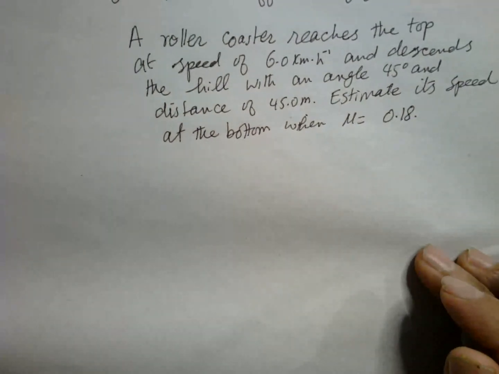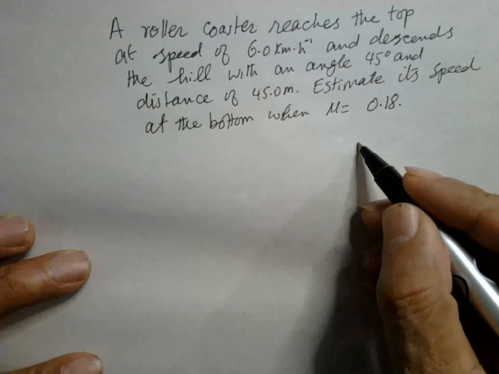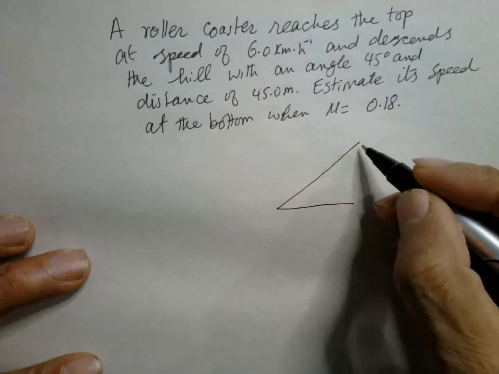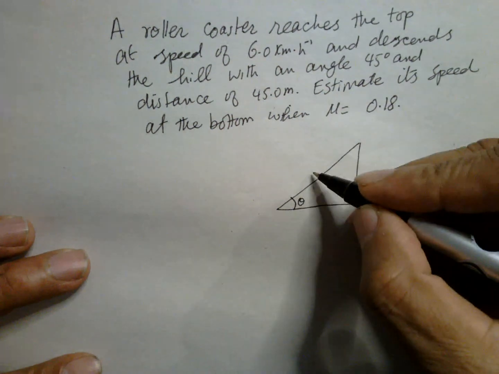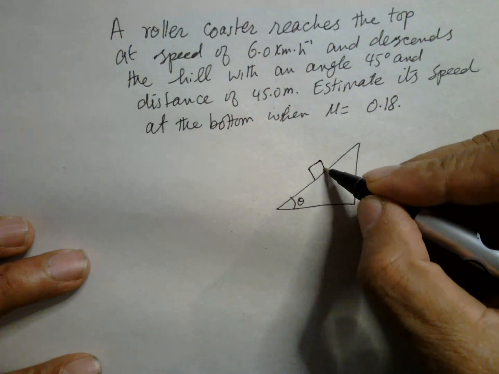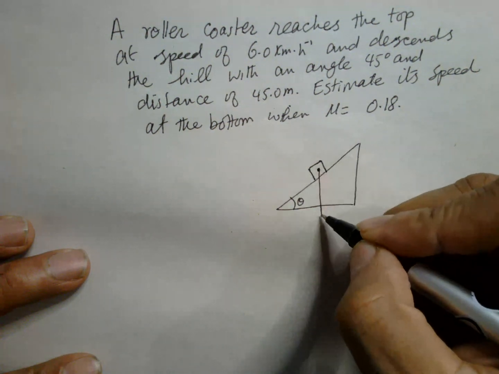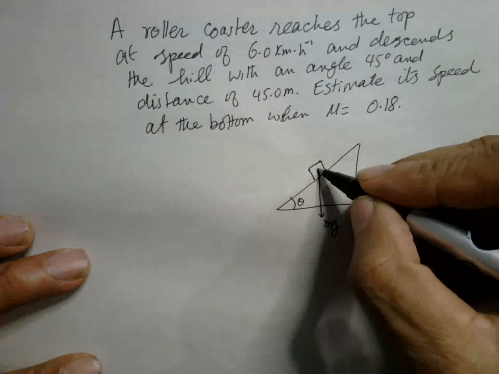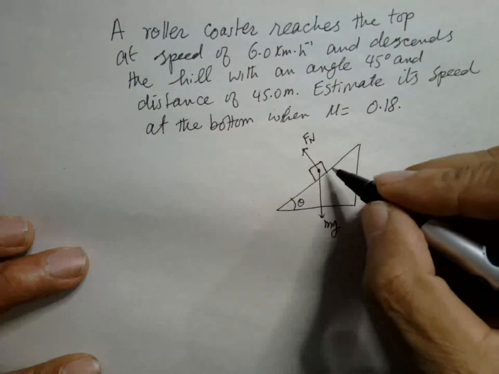So first of all, we have to make a free body diagram. This is the inclined surface plane. This angle is theta, and say this is at the top. So this is mg, and this is the normal force.